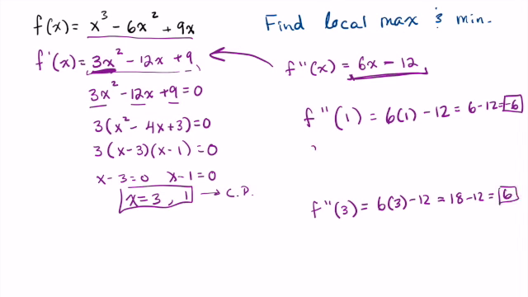Since f double prime of 1 equals negative 6, that negative number tells me that I have a local max.